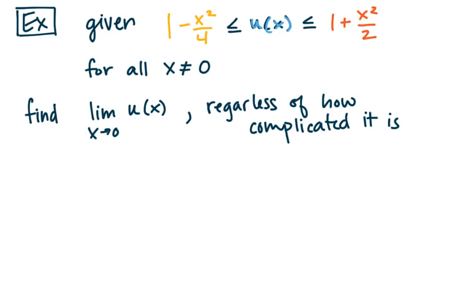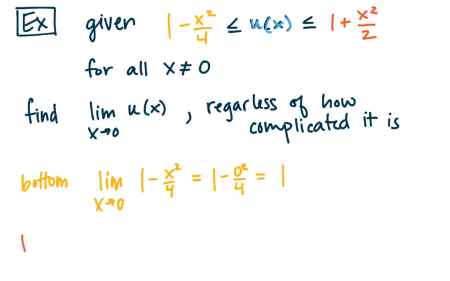In order to solve this, we would look at the bottom of the sandwich, and the bottom of the sandwich would be saying, well, let's look at the limit as x goes to 0 of 1 minus x squared over 4. If I were to evaluate that, that would be 1 minus 0 squared over 4, or 1.